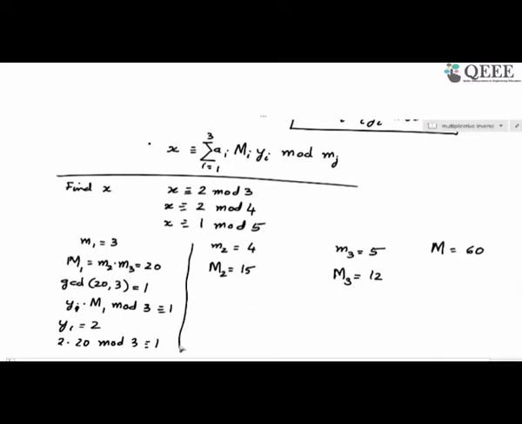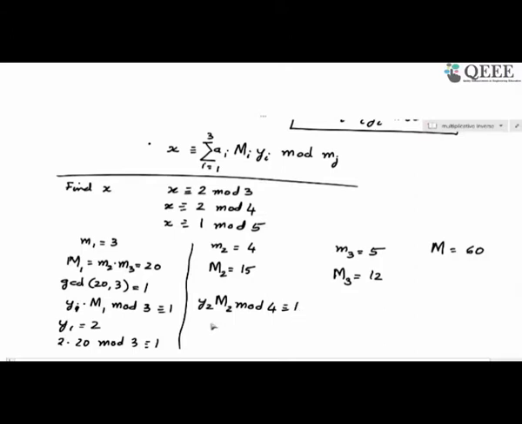In a similar way, we see that GCD of 15 and 4 is 1, and therefore y2, the inverse of M2 mod 4, should satisfy y2 M2 congruent to 1 mod 4.